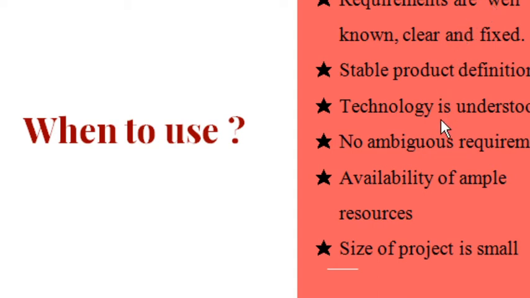Also, we should understand the technology that we are going to use in the software development process, and there shouldn't be any ambiguous requirements. And the main thing is the size of the project should be small. The reason is if the size of the project is small, then we can clearly have the requirements in a fixed way. It will be very easy for us to define the requirements in a clear and precise way. Hence, this waterfall model can be used when the size of the project is small.